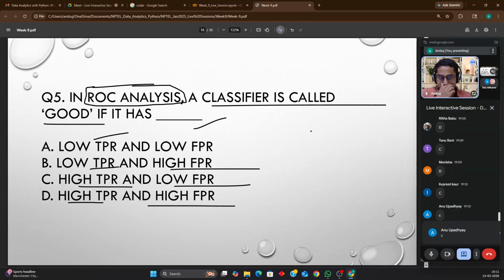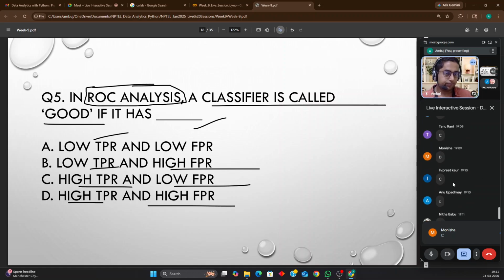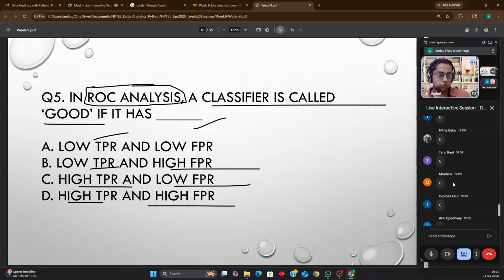There is some discrete difference between C and D. One term is high in both, while in one option one term is low and another is high. Most are saying C. Good. D also, C also. Good.